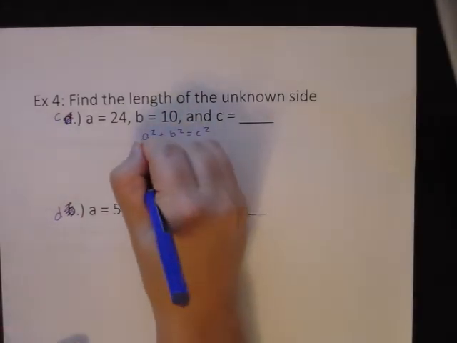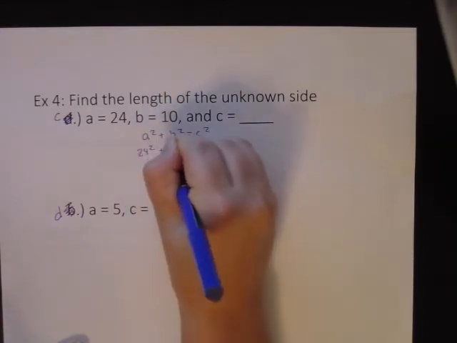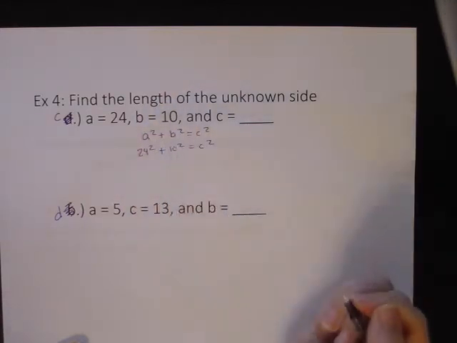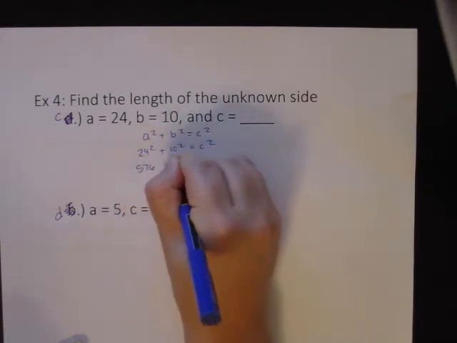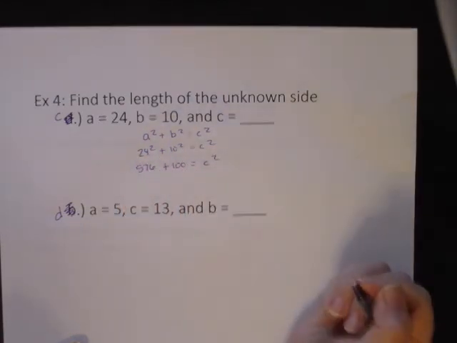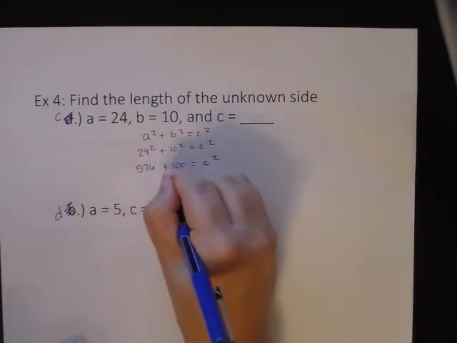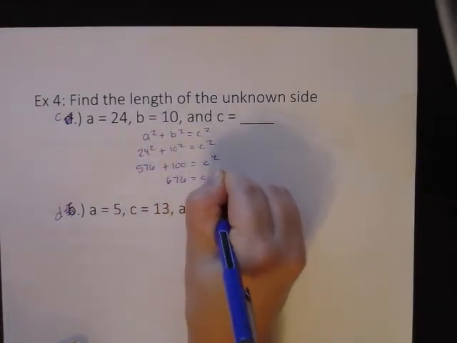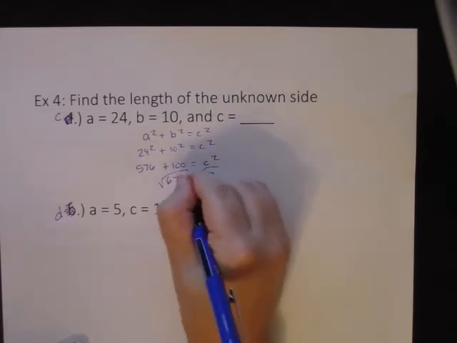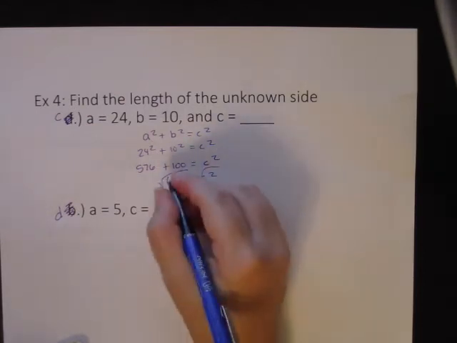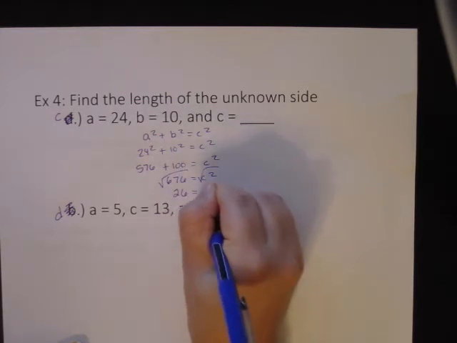Then I plug in what I know, so 24 squared plus 10 squared equals C squared. 24 squared is 576 plus 100 equals C squared. I add those two together, I get 676 equals C squared. Take the square root on both sides. Square root of 676 is going to be 26 equals C.